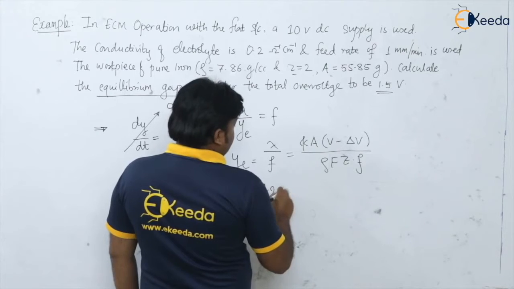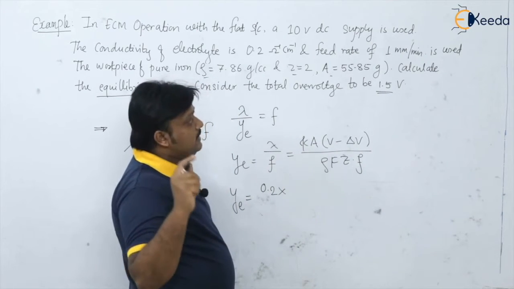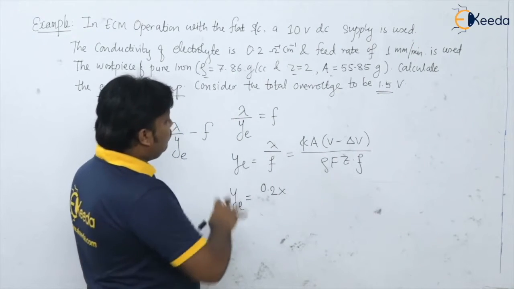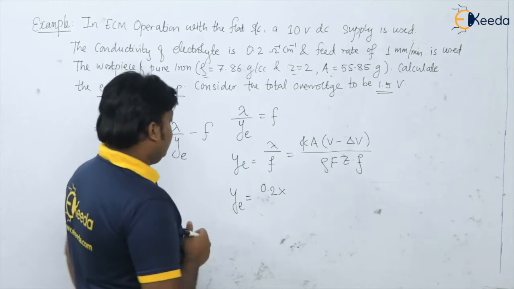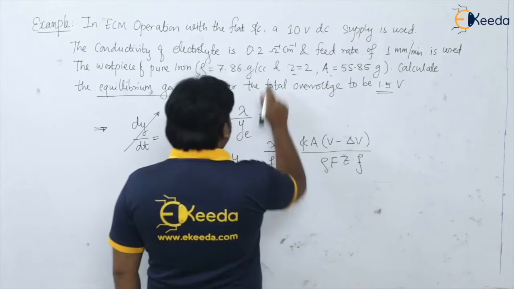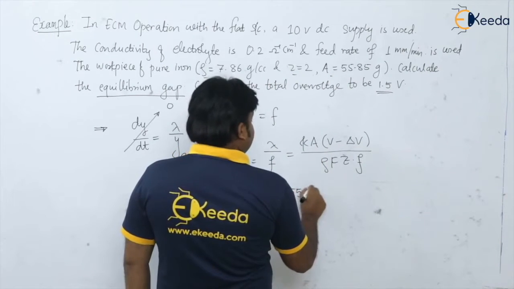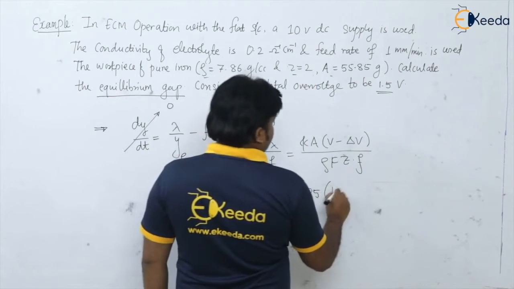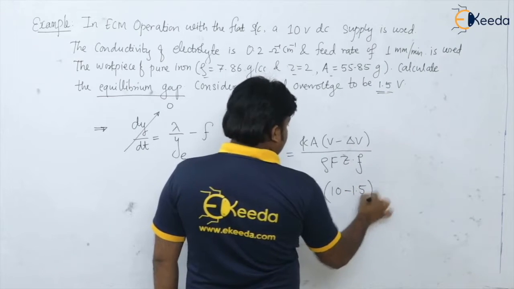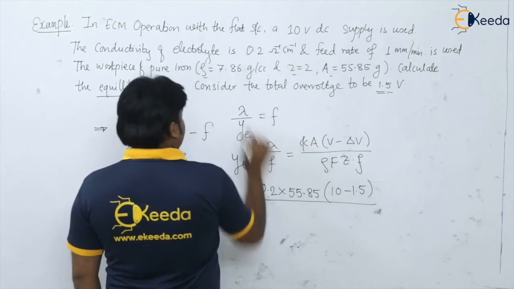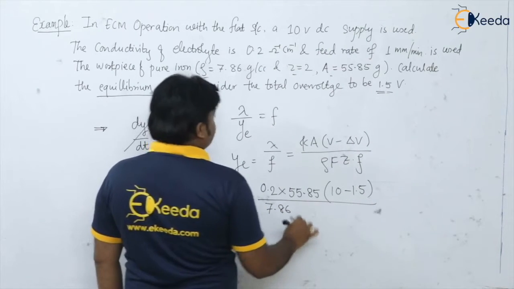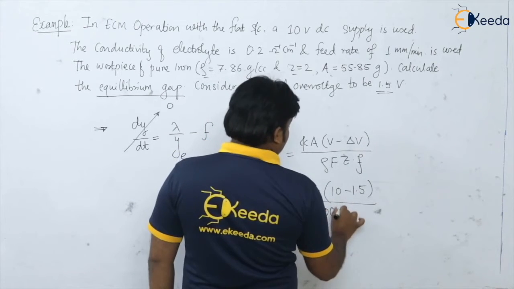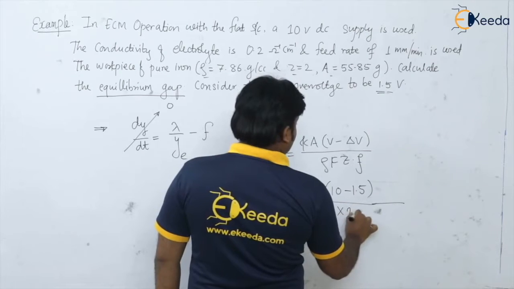k is 0.2, and as I taught you, please use CGS units for solving questions on ECM, because we have derived all these formulas based on CGS units. Gram atomic weight is 55.85 gram, into bracket supply voltage 10 volt minus overvoltage 1.5 volt, divided by density in grams per cc, 7.86, into valency into Faraday's constant 96500 coulombs per mole, into valency 2, into feed rate.